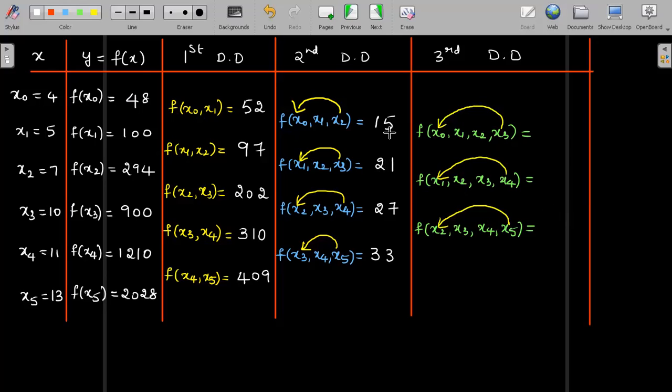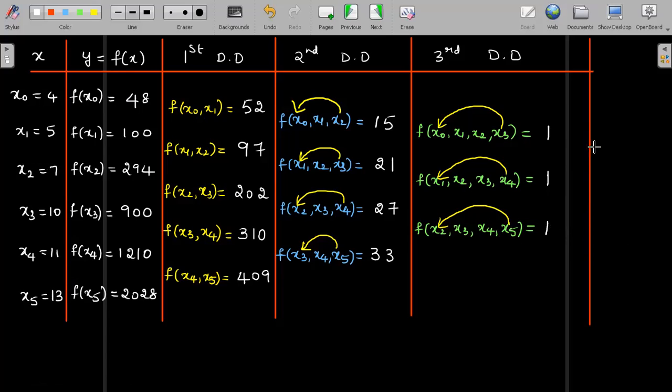So 21 minus 15 divided by 10 minus 4 gives us 1. Similarly, the next one, 27 minus 21 divided by x4 minus x1, 11 minus 5, is also 1. And the last value, 33 minus 27 is 6, divided by x5 minus x2, 13 minus 7, is also 6. 6 divided by 6 is 1.